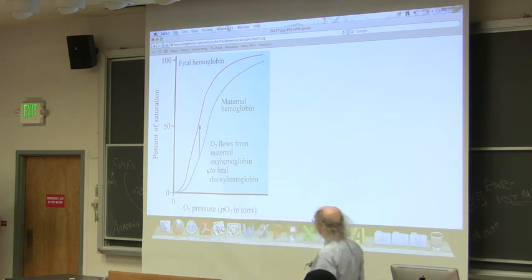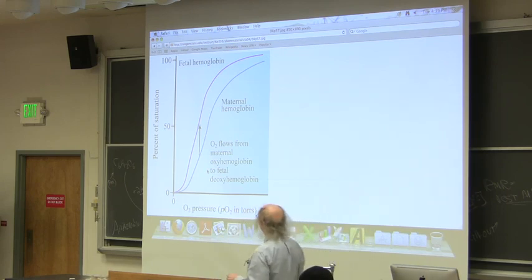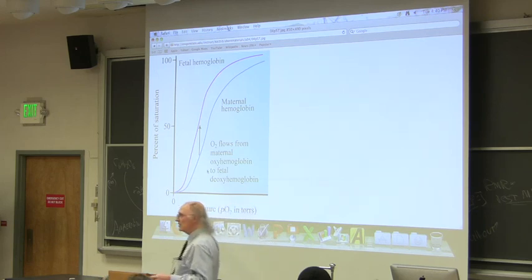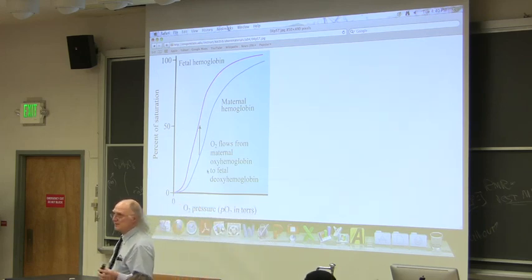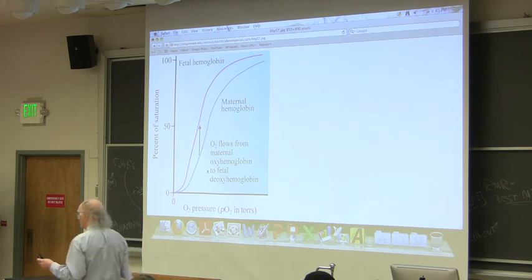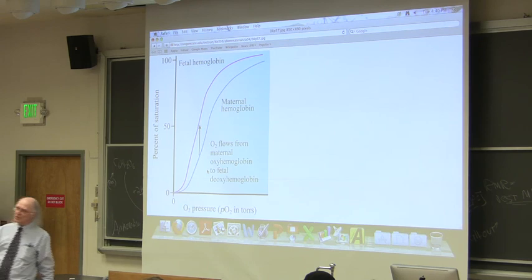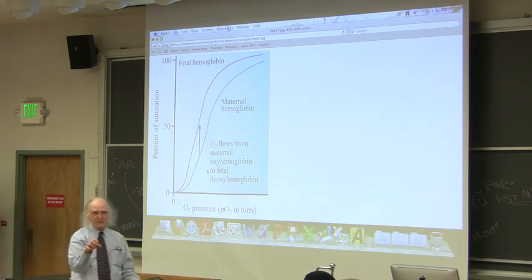Well, it turns out that the fetal hemoglobin has a greater affinity. That means this curve is above mom's hemoglobin. It has a greater affinity for oxygen than mom's hemoglobin does. That's really important because the fetus has to take oxygen away from mom's hemoglobin.